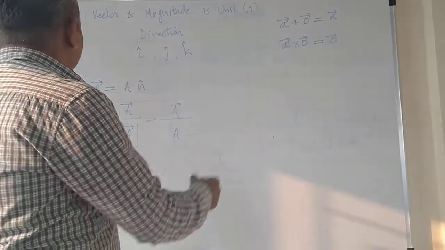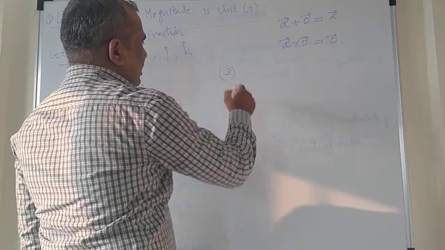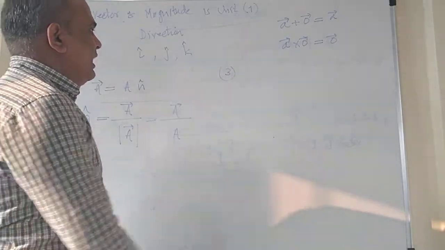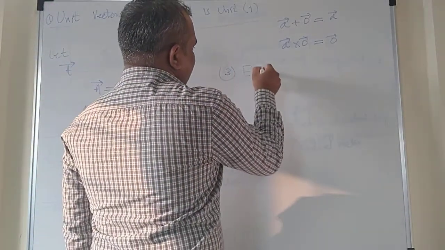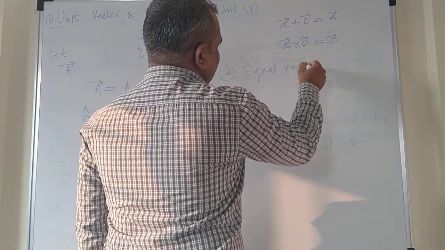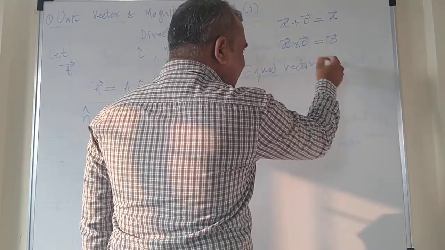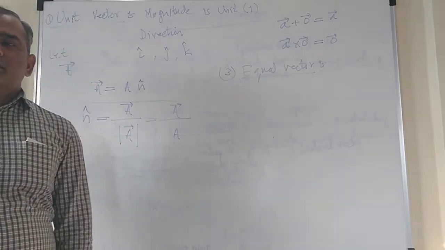So let's move to the third definition of the vector, and the third is the equal vector. Now again, this name itself indicates its definition.